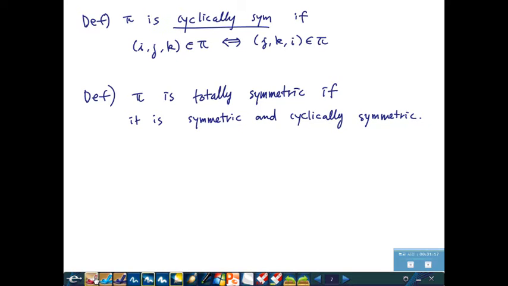This is the definition of a totally symmetric plane partition. Totally symmetric means, in this diagram, if you reflect along this horizontal line, you get the same thing. If you rotate 120 degrees, you get the same thing. Then it's called a totally symmetric plane partition. Any questions about these symmetries?